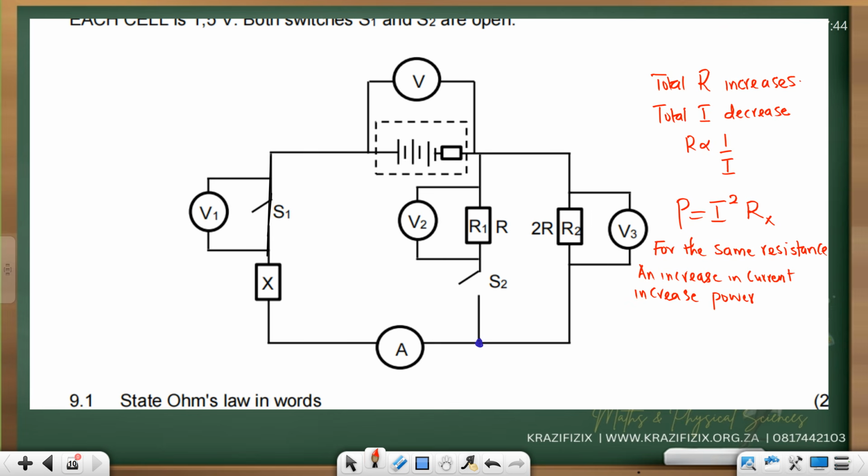Write that formula that we just used. P equals I squared R. It will decrease, since the current decreases. Doesn't your lost volts decrease because your current is decreasing? So your external voltage increases.